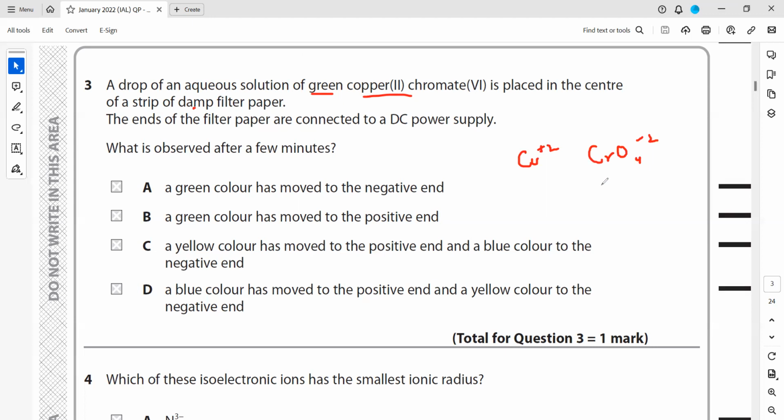Dichromate is orange, chromate ion is yellow. Copper is positive, so it will move towards the cathode. Chromate is negative, so it will move towards the anode. So we'll observe the yellow color moving towards the anode, which is the positive terminal, and the blue color moving towards the negative terminal. So that's why C will be the right answer.